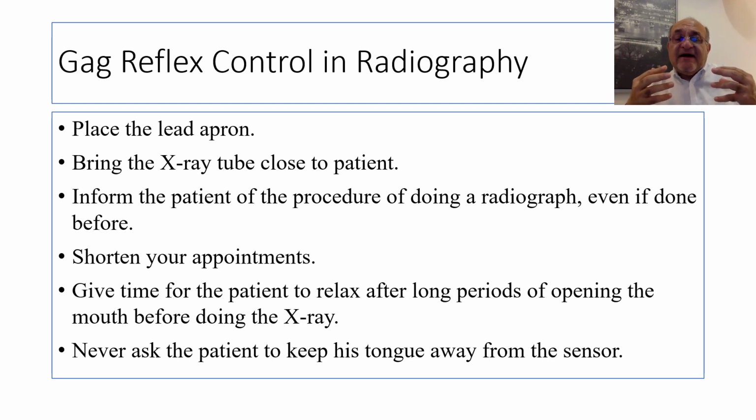The idea behind this is that we do not want to put the sensor inside the patient's mouth, and then, with the sensor being intolerable for the patient, start our X-ray machine and put the barriers and the lead apron and so on.